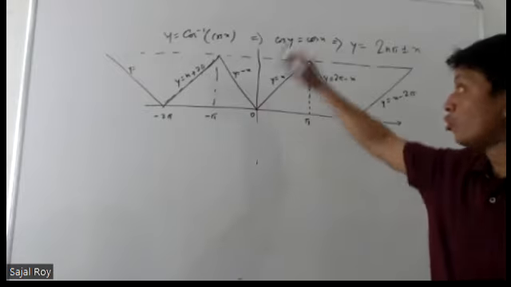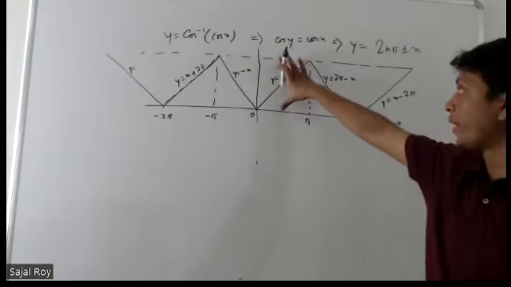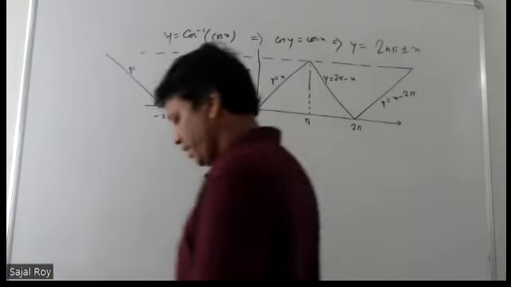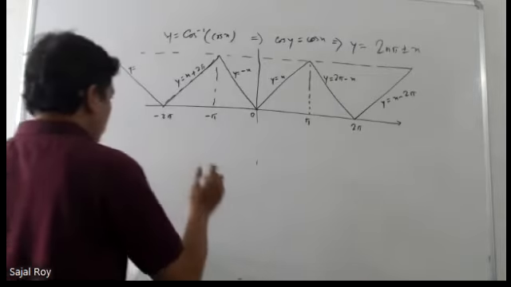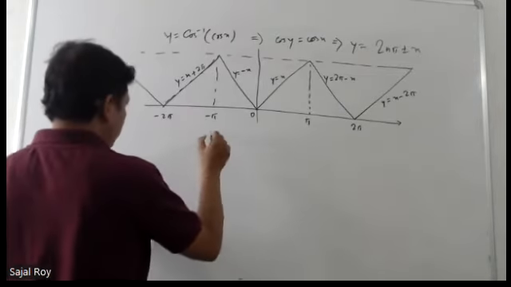There is no negative; y is confined between 0 to pi. So in this case also you have a very compact result.